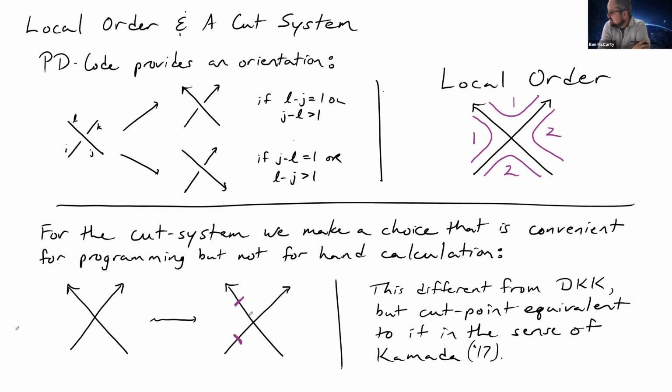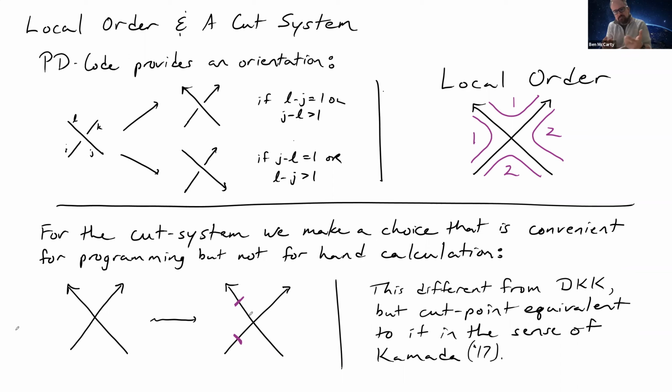So even though this is a different cut point system than Dasbach and Kaufman used, there's a notion of cut point equivalence that you can find described in a paper by Kamada in 2017, which allows you to move cut points past crossings and cancel pairs of adjacent cut points.